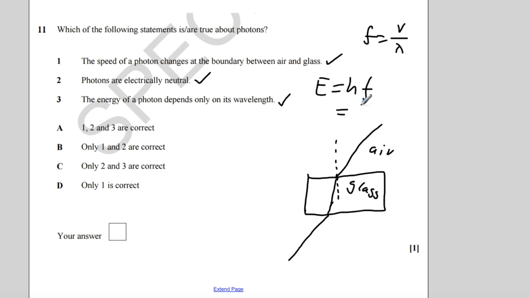So E equals hv over lambda, although in fact let's use hc over lambda, where c is the speed of light, because we're talking about photons of light rather than any other kind of wave. So we know that all of these are true, so statements 1, 2, 3 are correct, which is answer A.